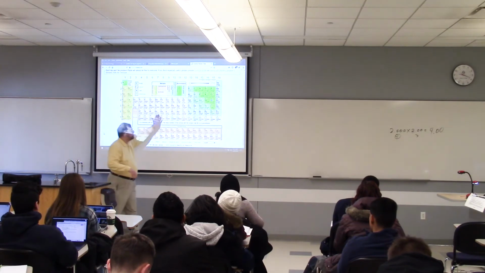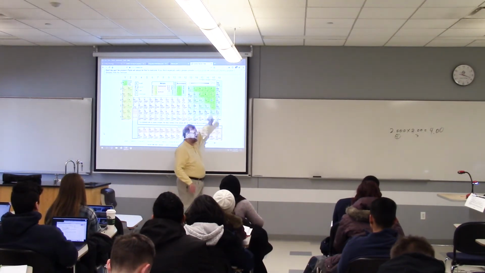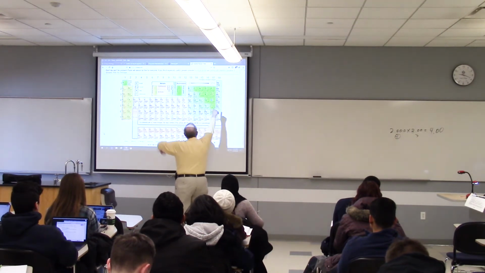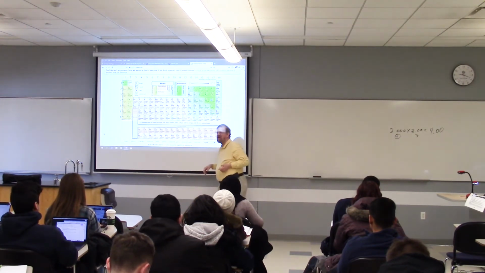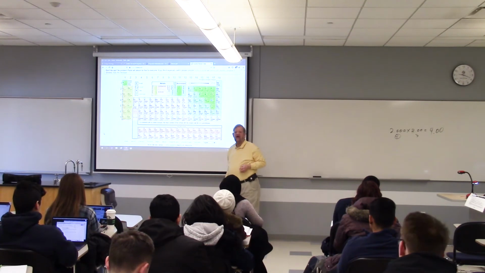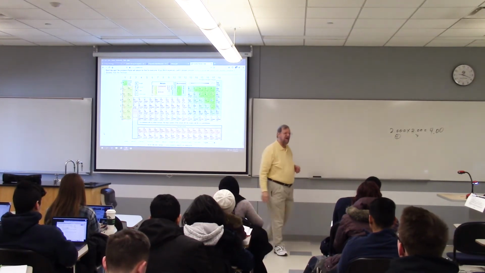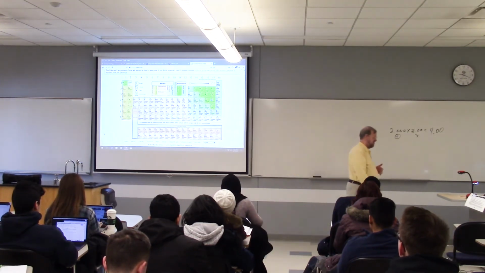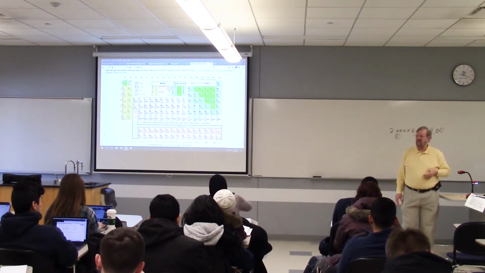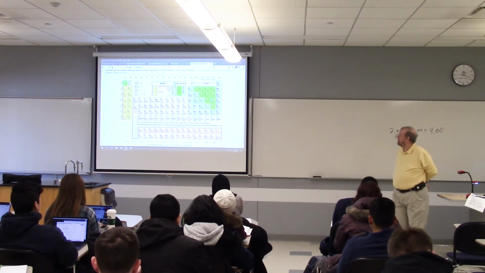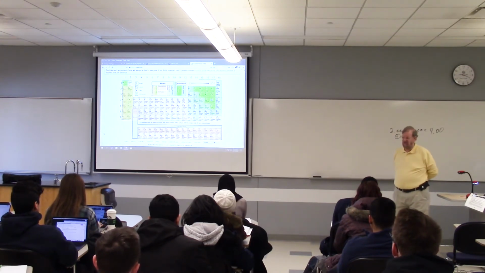We come all the way over here, the second to last column on the right, and those are the halogens. If I ask, give an example of a halogen, I'm going to pick my all-time favorite because I work with it, chlorine, and that's Cl. You could have put fluorine, bromine, or iodine too. Those are all good choices.